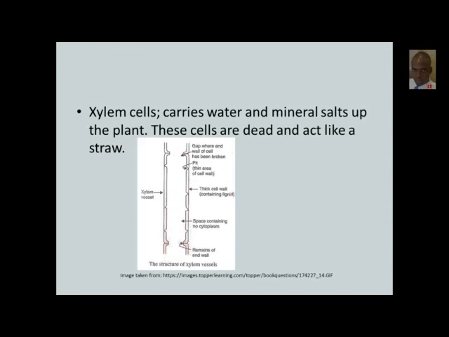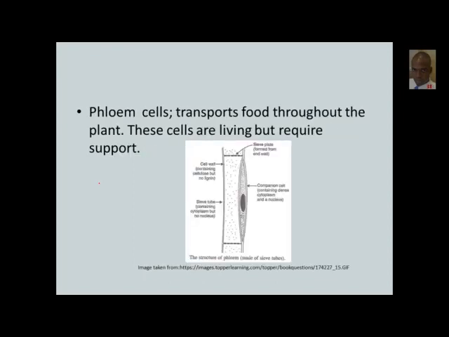So these cells have thick cell walls, and they contain a lot of lignin. So basically what you should recall for your exam purposes is that the function of these cells is to carry water and minerals up the plant. And remember that the cells are dead and they act like a straw. They are narrow and hollow and lignified.